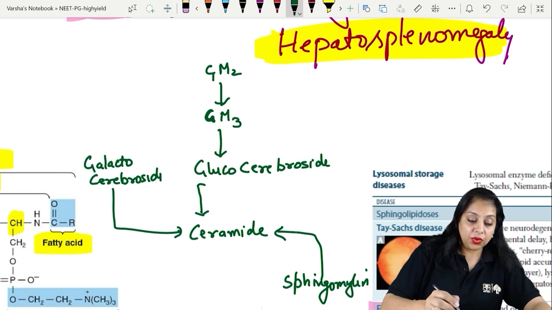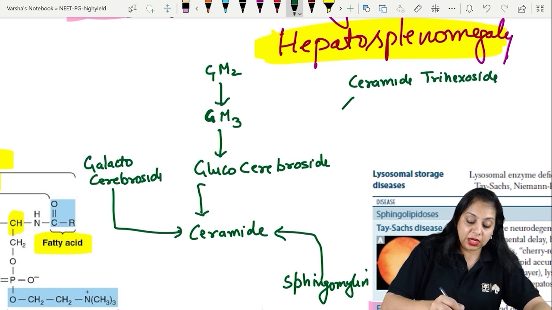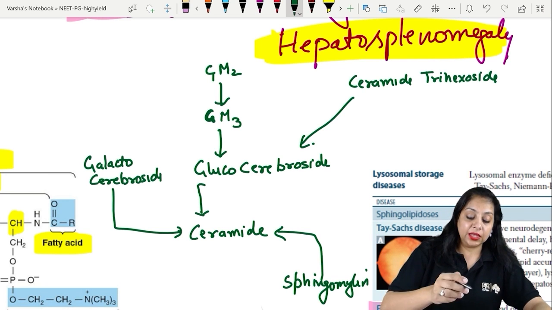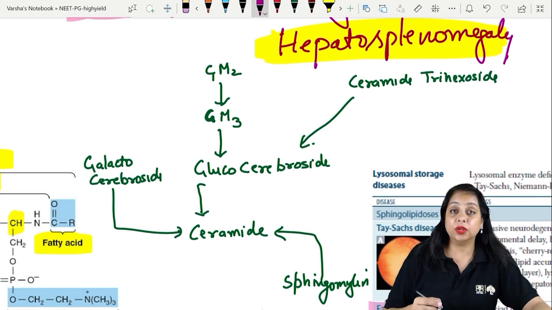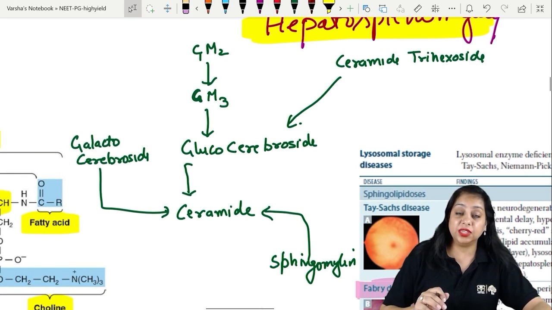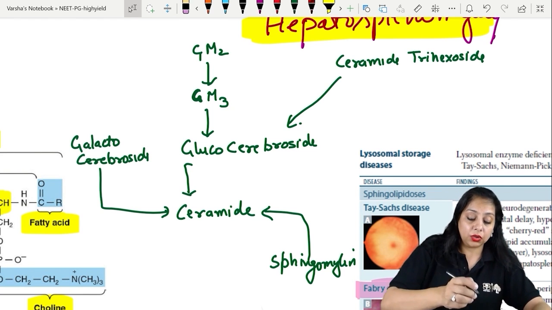Another thing you have is ceramide trihexoside, which breaks down to give you glucocerebroside. So you have so many kinds, and they all require a particular enzyme for degradation, and deficiency of those enzymes are all inborn errors of metabolism. The deficiency of any of these enzymes is going to give you a disorder.